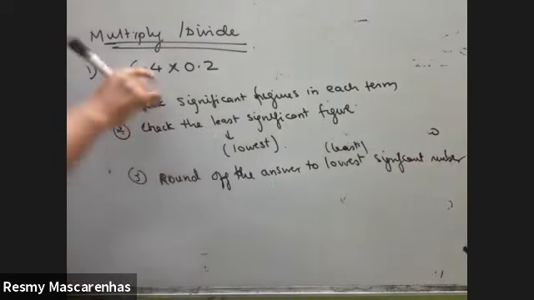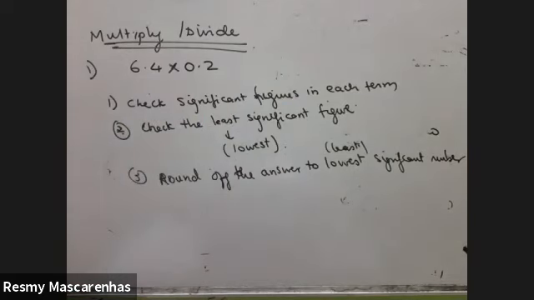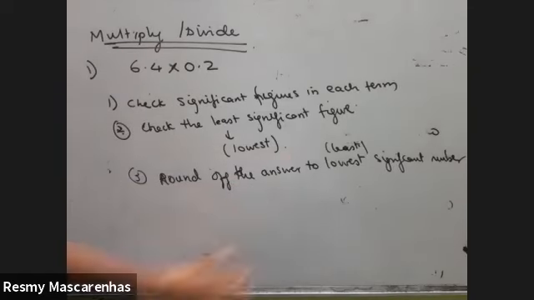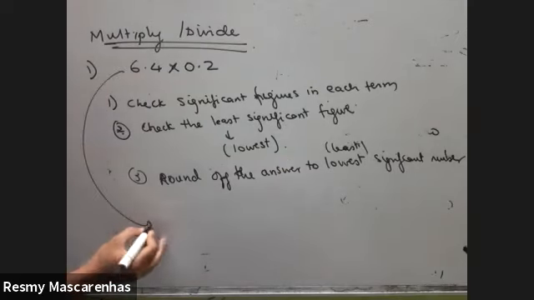These are the rules. Then I'll explain with the example. Suppose 3 terms or even 4 terms you are multiplying, it doesn't matter. Every single term, first you check how many significant numbers are there. Then you check which term has the lowest number of significant numbers, and that many numbers you'll have to round off the answer to. So if 3 is the least significant number of any of the terms, then the answer should have only 3 significant numbers. Now we'll see with respect to this example.